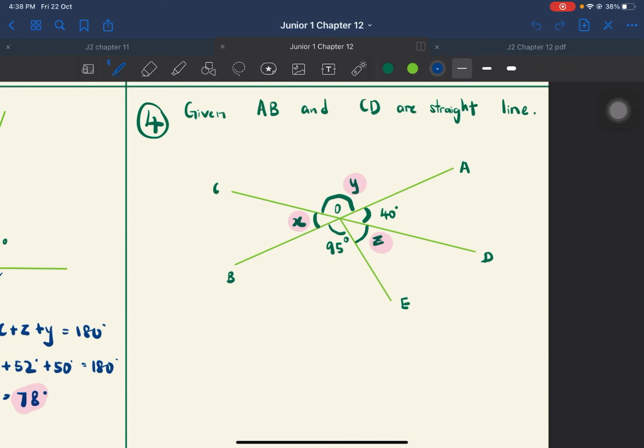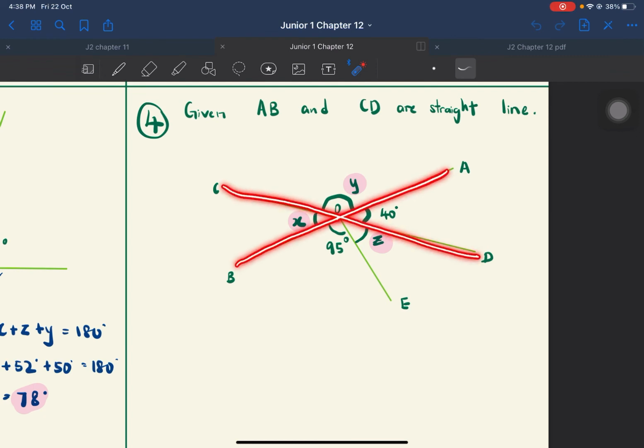And question 4, given AB and CD are straight lines. So we can identify first of all, can you guys see this vertically opposite angle for x? When you have two straight lines, at the intersection point, we have the vertically opposite angle. So your x will be equal to 40 degrees.